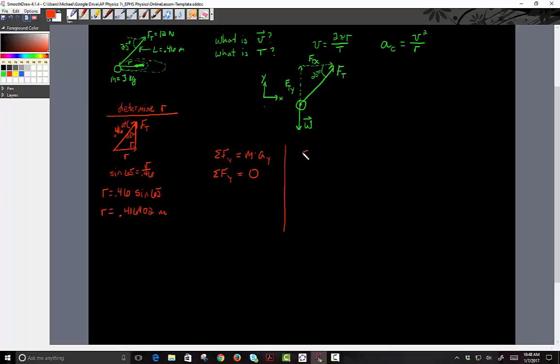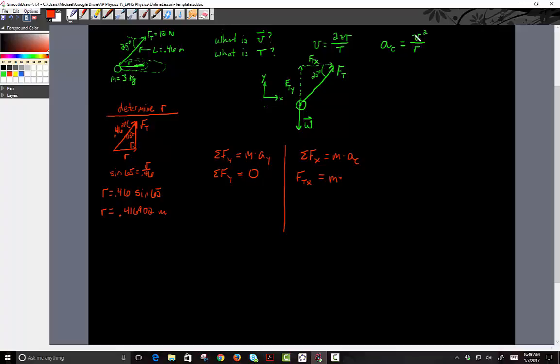So the sum of the forces in the x direction is equal to the mass times the acceleration in the x. But the acceleration in the x for circular motion has a special name. It's centripetal acceleration. So the sum of the forces in the x, the only force in the x is going to be the force of the tension in the x direction, which is equal to the mass times the centripetal acceleration.